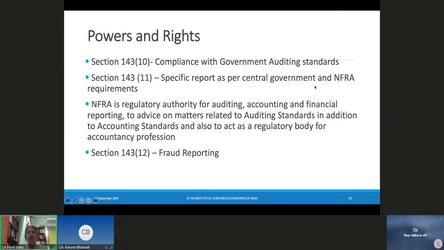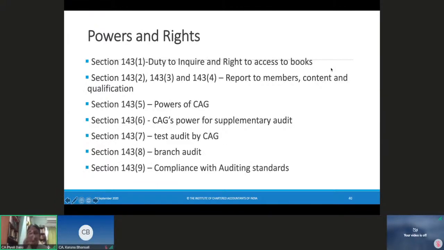We were discussing the powers and rights of the auditors. Just to recapitulate, there are 15 clauses under section 143, and we discussed several of them.